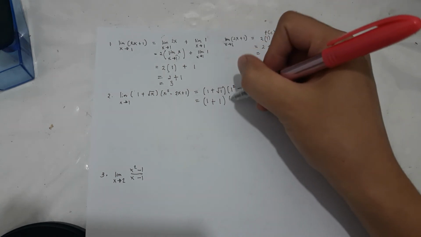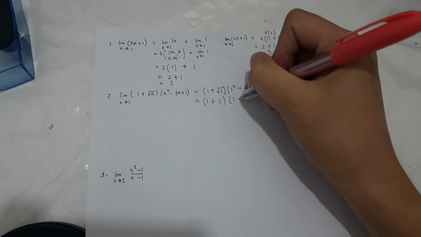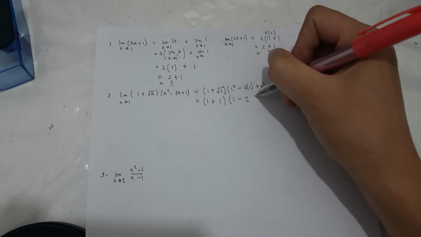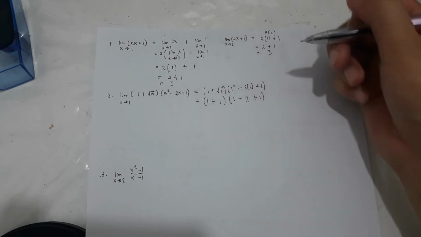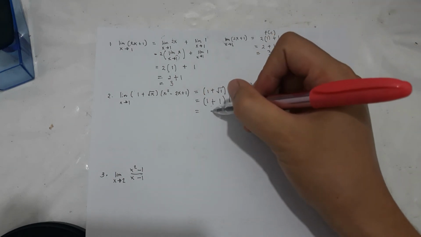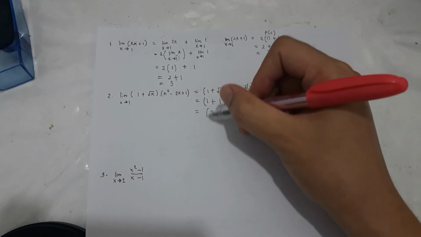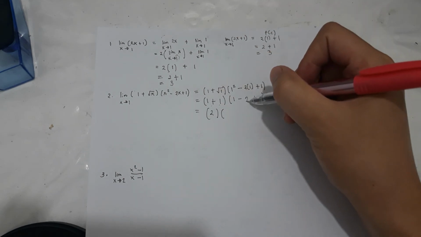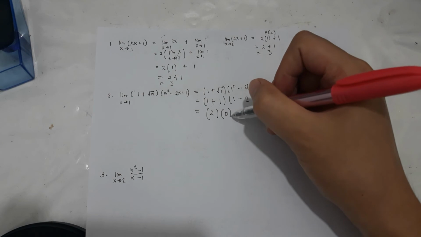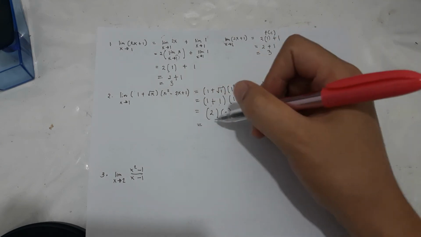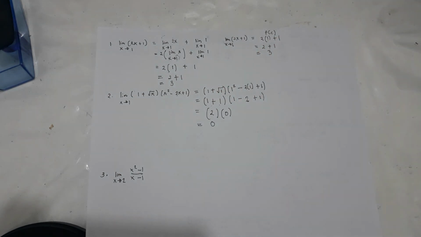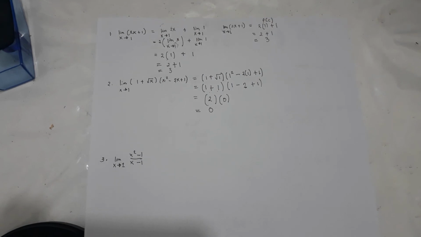We'll use the positive only. 1 squared is 1 minus 2 times 1, 2, plus 1, close. So 1 plus 1, that's 2. And then 1 minus 2, that's negative 1 plus 1, 0. So the answer here is 0. So are we correct? I hope so.